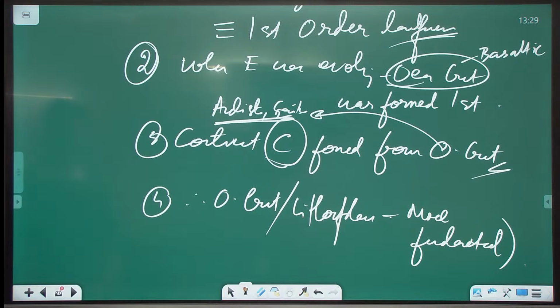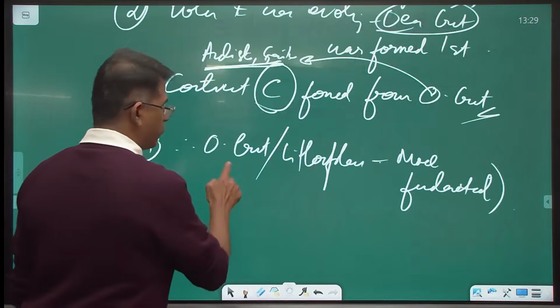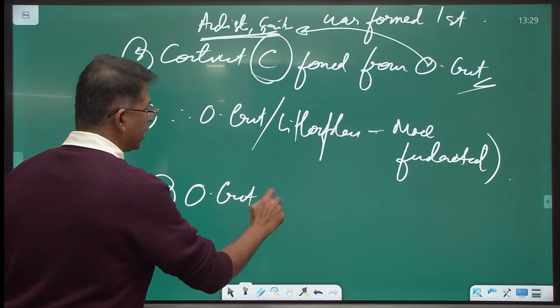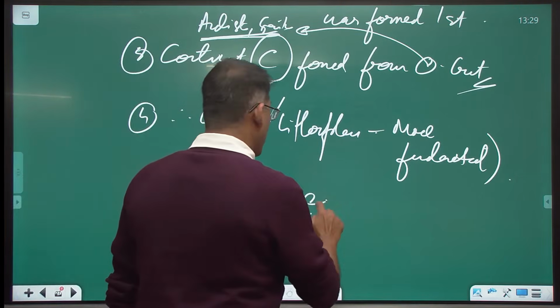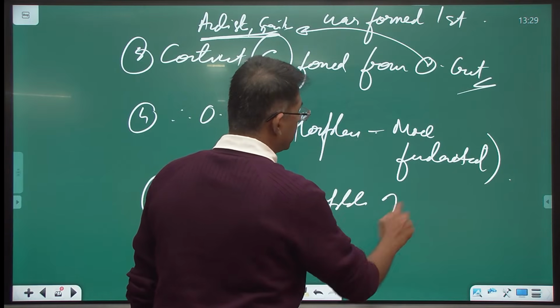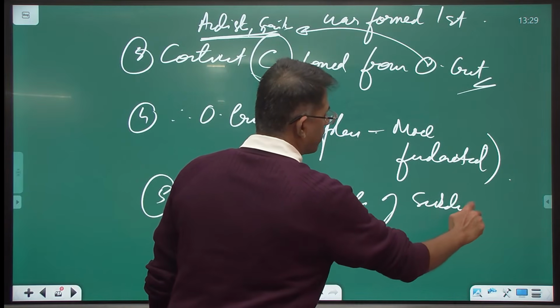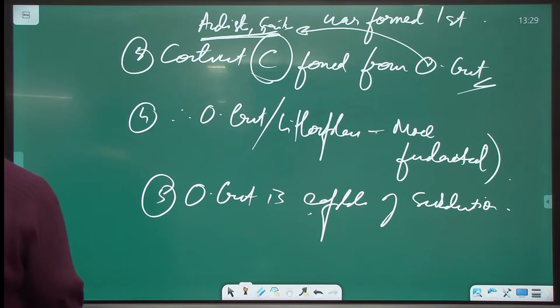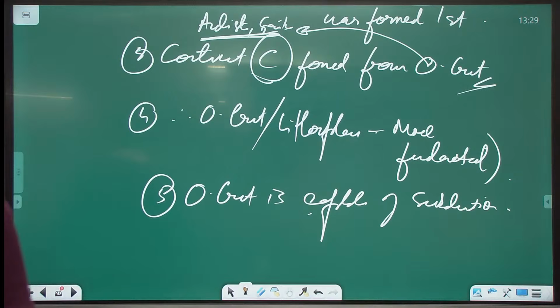But the ocean crust is capable of subduction. The ocean formed first, and the continent was made from the ocean.